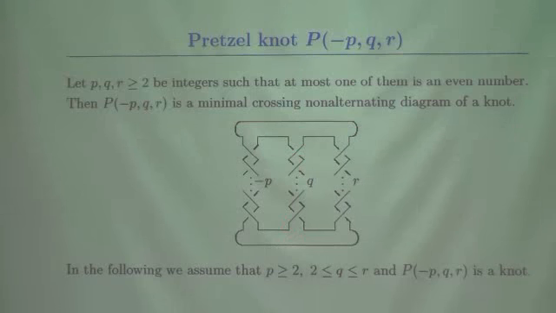And we only work in this case: P is bigger than or equal to 2, Q is bigger than or equal to 2 and less than or equal to R, and no more than one of P, Q, R is even. If more than one of P, Q, R is even, then you get a link.